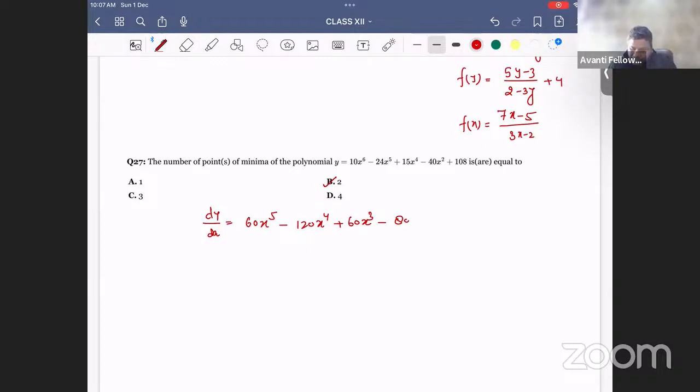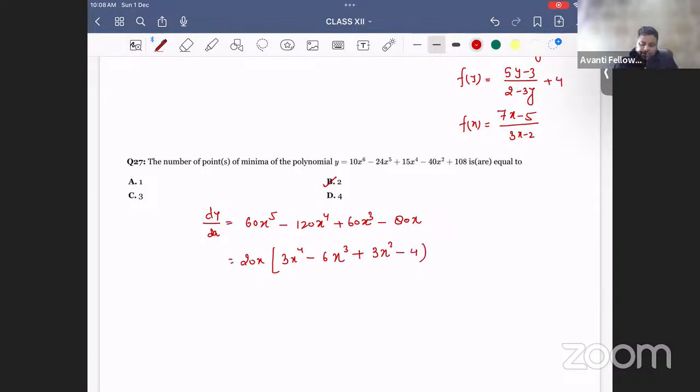Now see, from this entire expression, you can take 20x common. If I take 20x common, it becomes 3x to the power 4 minus 6x cube plus 3x square minus 4.